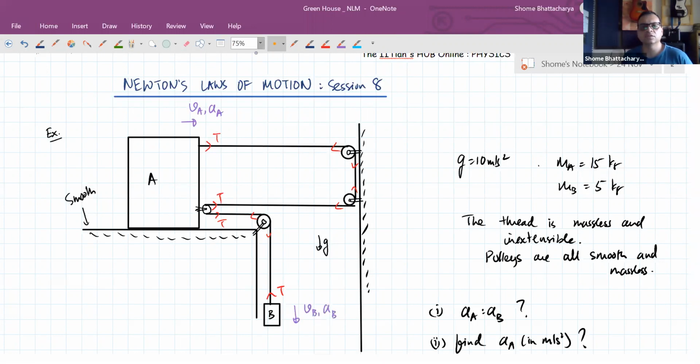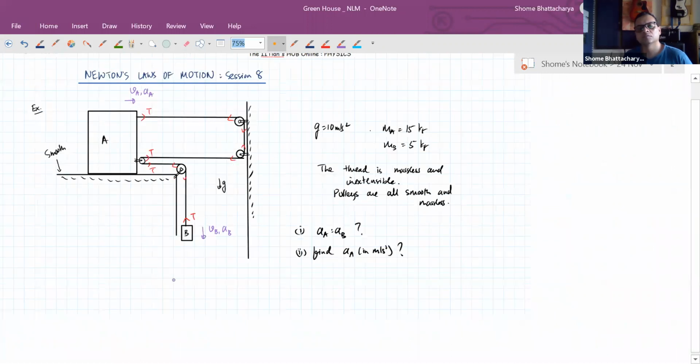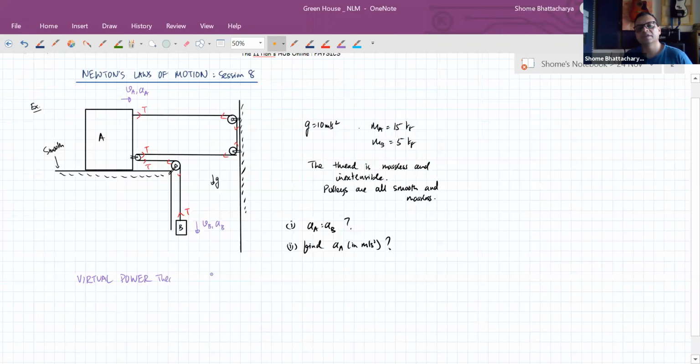The most convenient thing is to express the virtual power theorem. Virtual power theorem: the net power delivered by tension should be equal to zero.